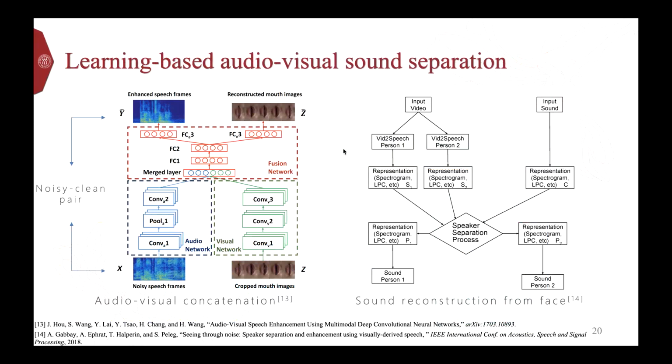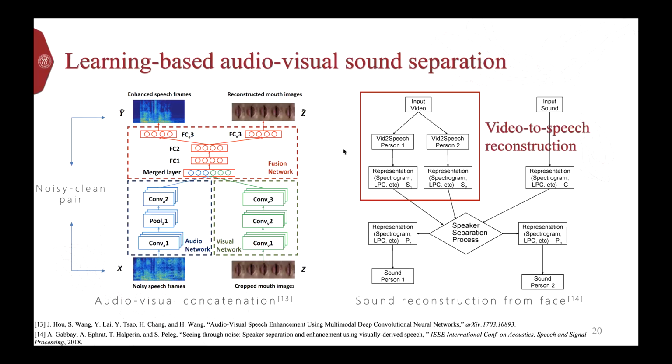It contains the audio and visual features in the middle merge layers, then uses the fully connected layers to predict the enhanced speech frames and reconstructed mouth images. In the right image, we show how the input visual information can help reconstruct the sound spectrogram. It uses the visual information for speech reconstruction, and then sound separation.